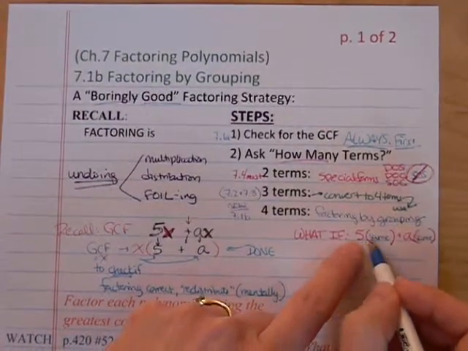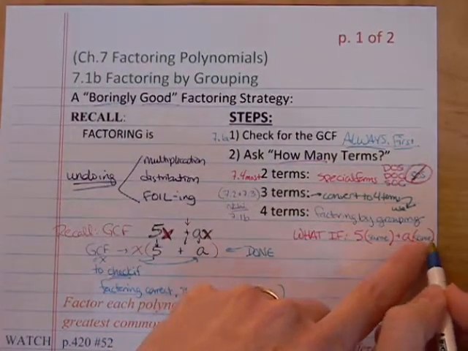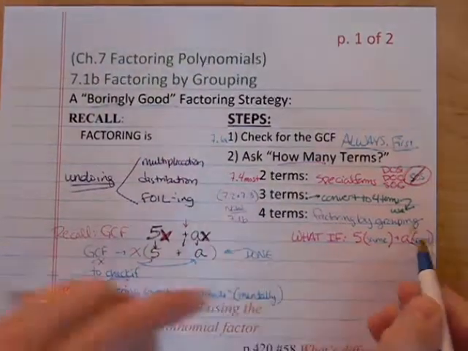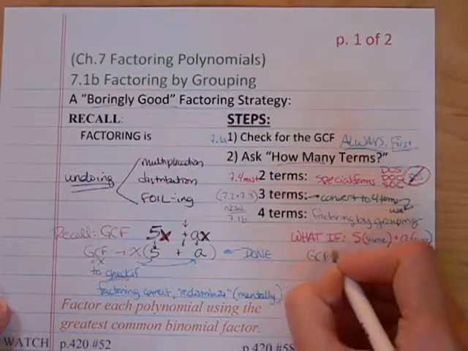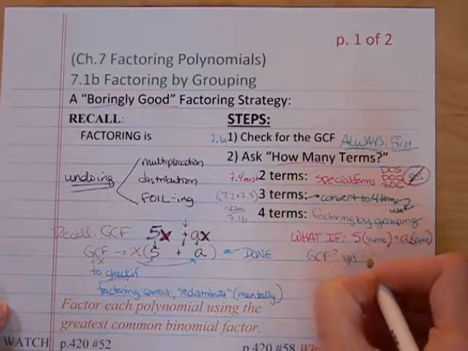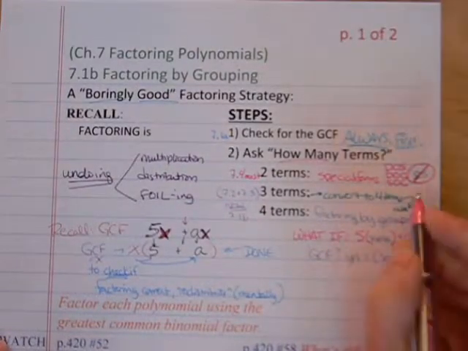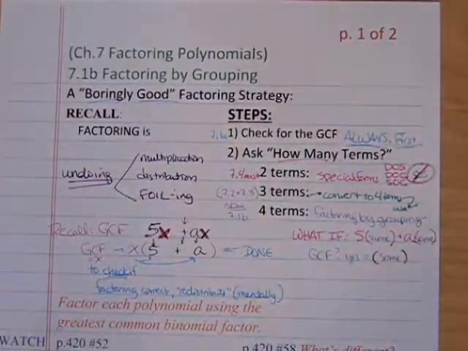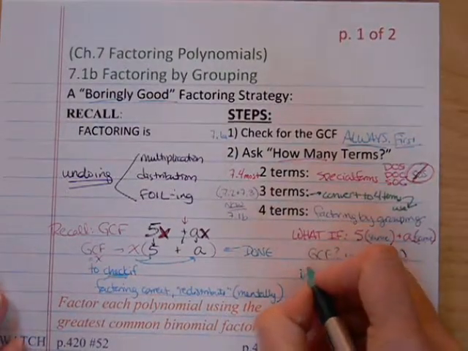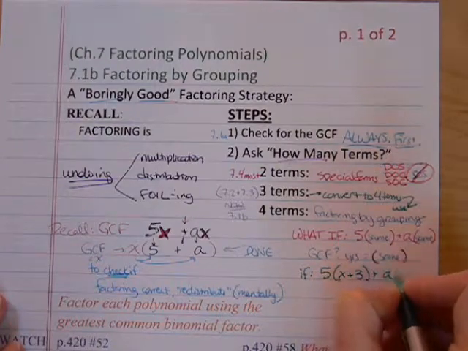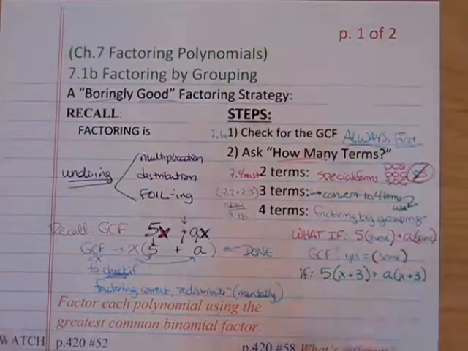Well, what if I told you 5 times something plus a times something, and all I told you was that that something is the same? What would the GCF be? It's equal to whatever is that same item, even if it's in parentheses, even if it's long and complicated. Okay. For example, if it looked like this, 5 times x plus 3 plus a times x plus 3.